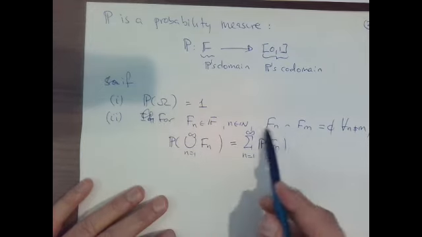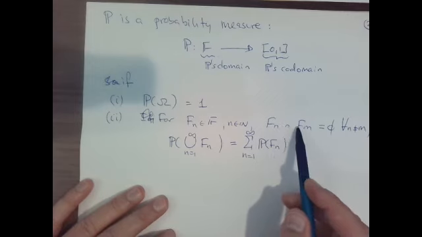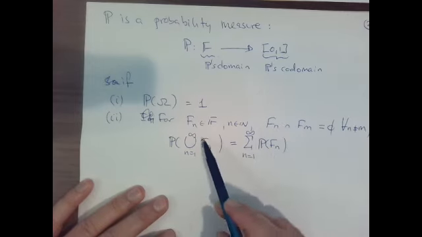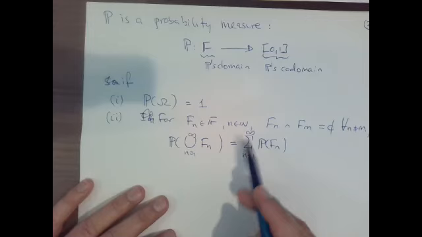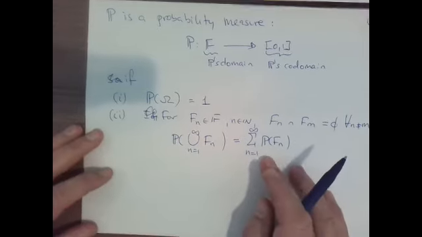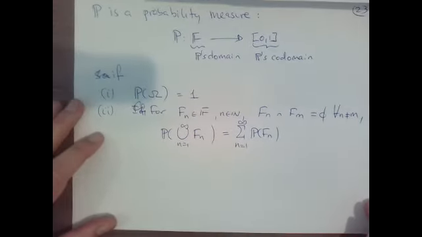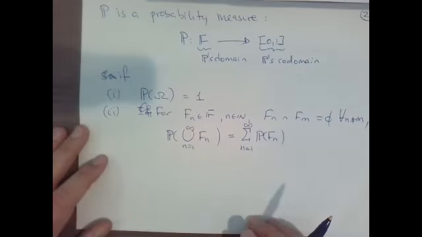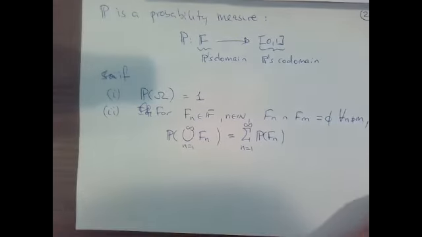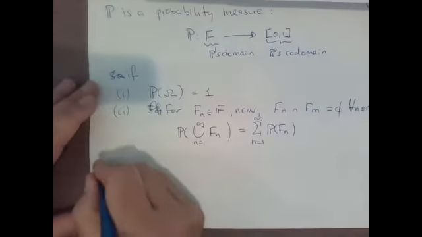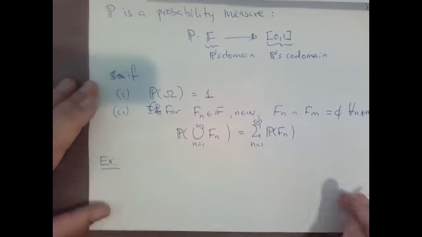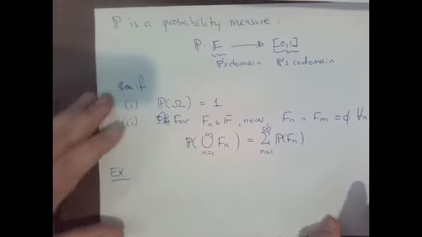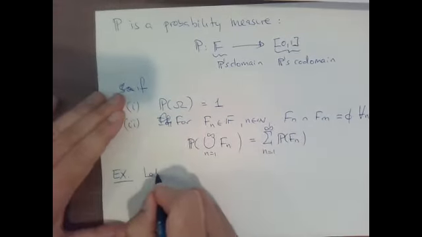And if I take disjoint sets and I try to measure these disjoint sets, then the measure of their union is just going to be adding up the individual components. So that's the formal definition of what it means to be a probability measure. And so, as an example, we can look at the Lebesgue measure.